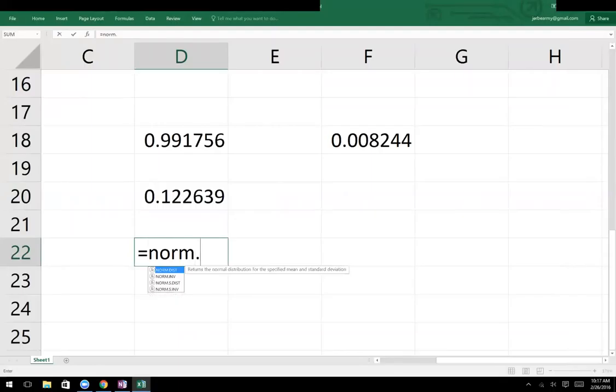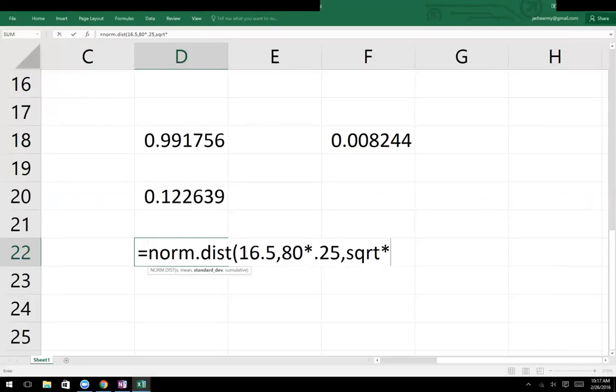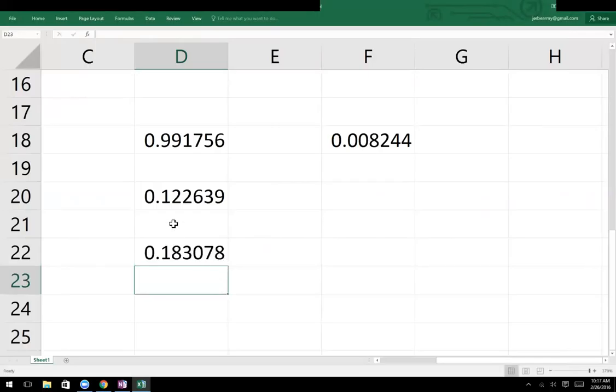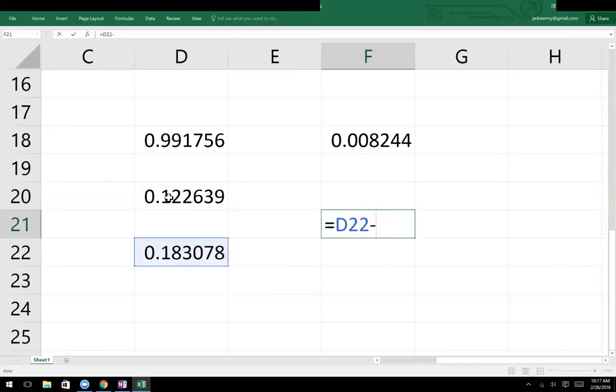So we're going to do the same thing with 16.5. 80 times 0.25, square root of 80 times 0.25 times 0.75. All right. So this is the probability of 15.5 or less, and the probability of 16.5 or less. If you subtract them, that's the probability that we'd get exactly 16, assuming all of our numbers are right.